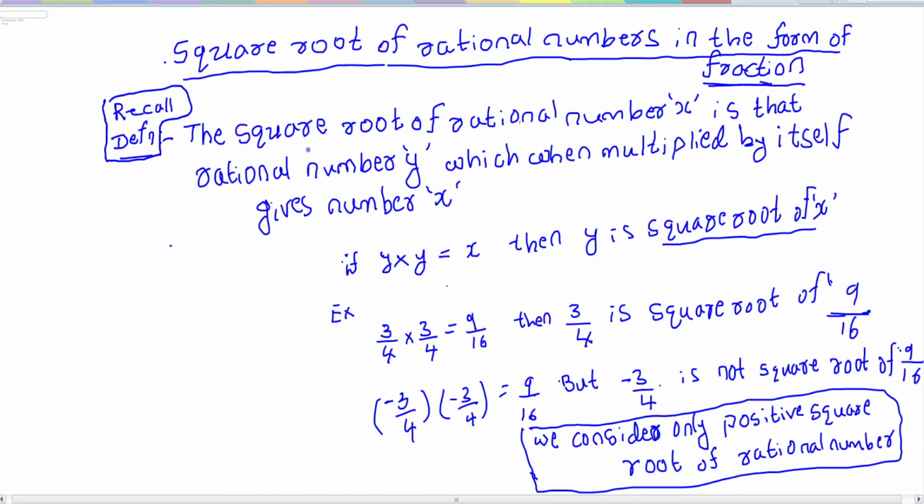A square root of a rational number, for example x, is that number y which when multiplied by itself gives number x. Means if you multiply y by itself, you get some number x, okay, then y is a square root of x.